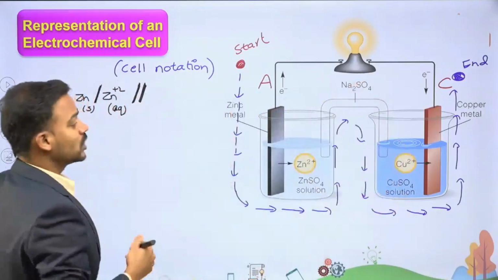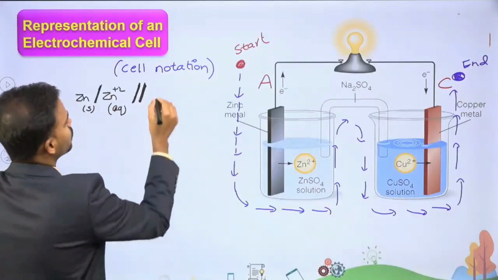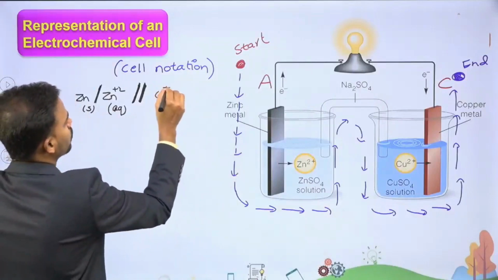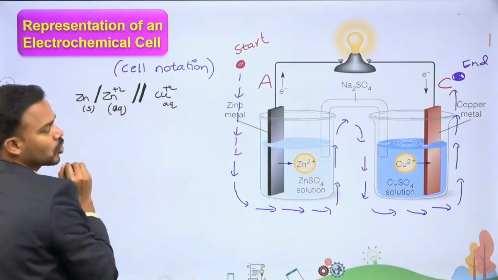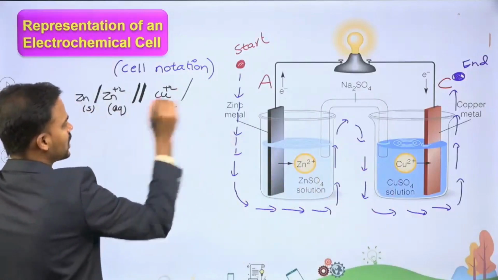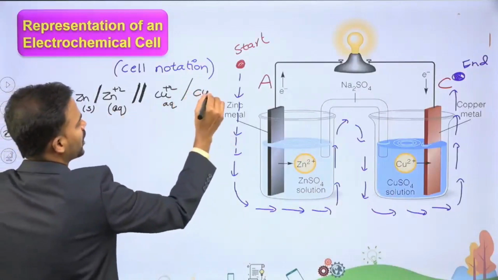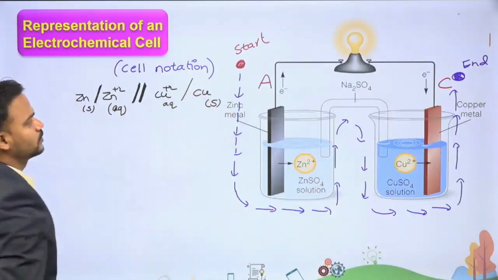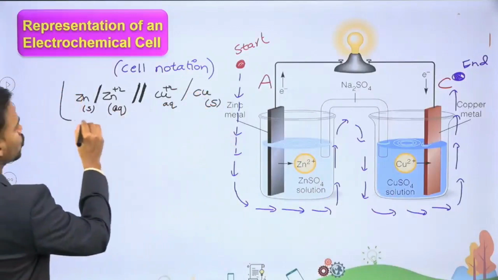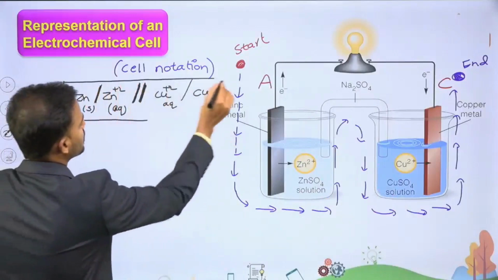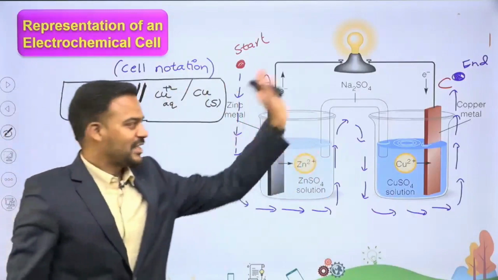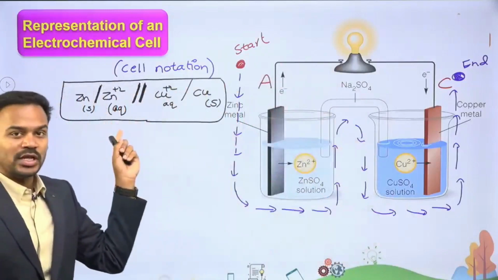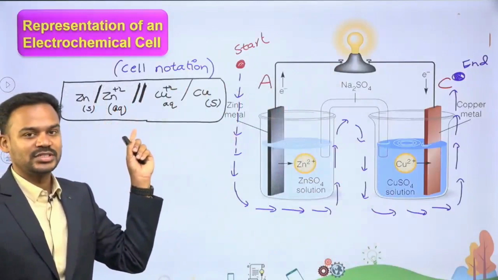Next, we go into the cathode compartment with its solution. What is present there? Copper +2 in its aqueous form, then a slash, then the copper electrode, solid. This is how you show the entire setup, with this small representation, the cell notation.